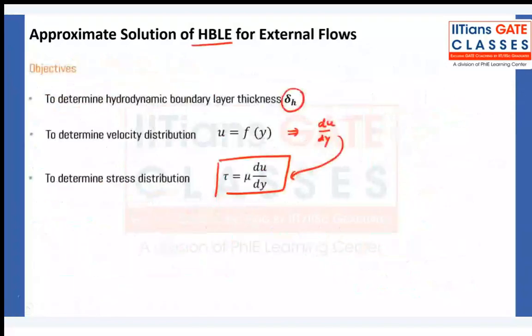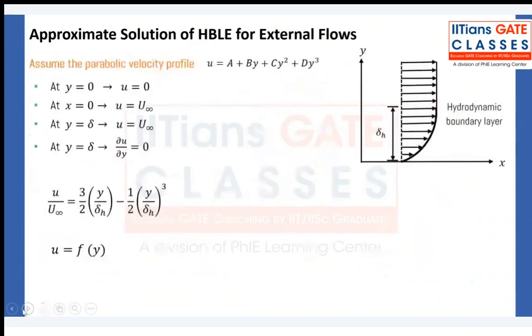Now it is time to determine del u by del y. So we know that it is parabolic. We are going to take a parabolic equation of u. We have defined a general equation of u.